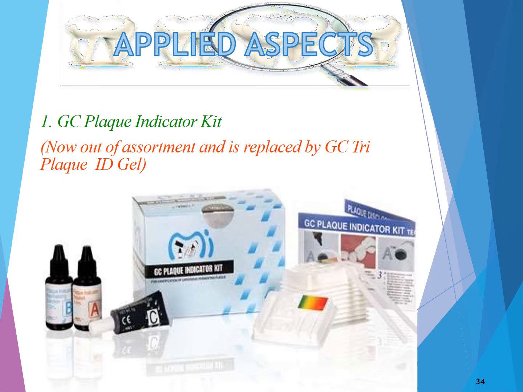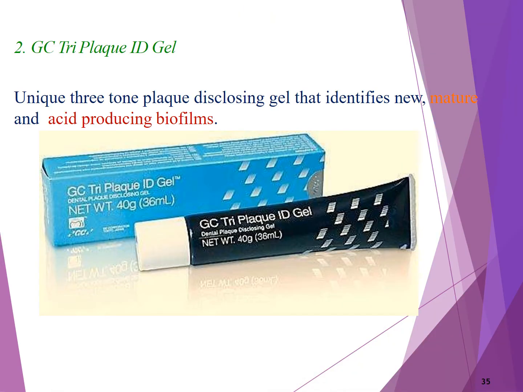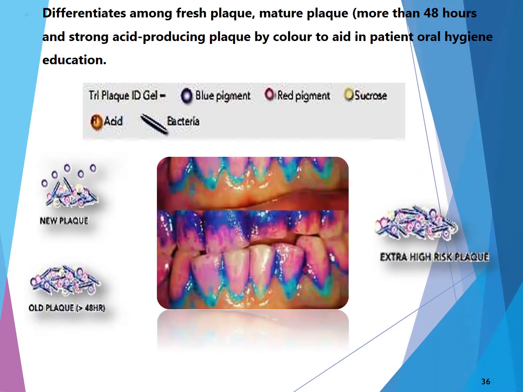Now the applied aspects. GC plaque indicator kit. Now the older assortment is replaced by GC Tri Plaque ID. Now GC Tri Plaque ID gel: these are unique three-tone plaque disclosing gels that identify new, mature and acid producing biofilms.